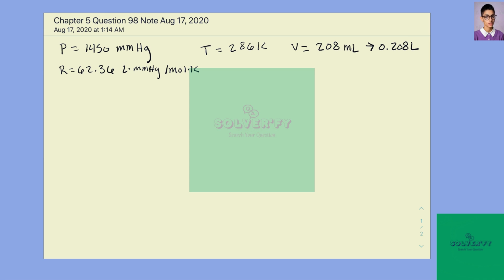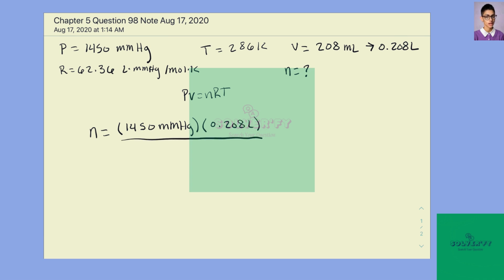Alright, and then we're going to be using our equation PV is equal to nRT. And we're going to be looking for moles of the gas that is produced. So n is going to equal our pressure times our volume of air, and we're going to divide that by our R value, which is 62.36 liters per millimeter of mercury per mole Kelvin.